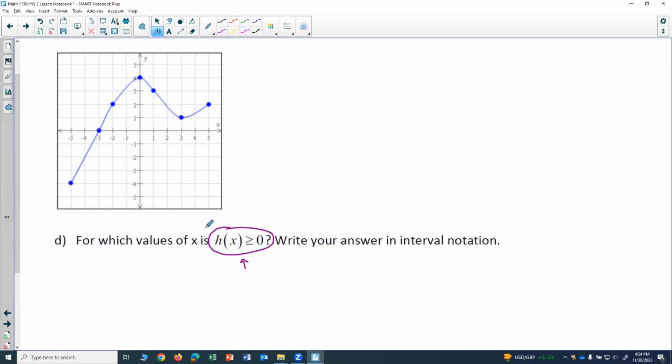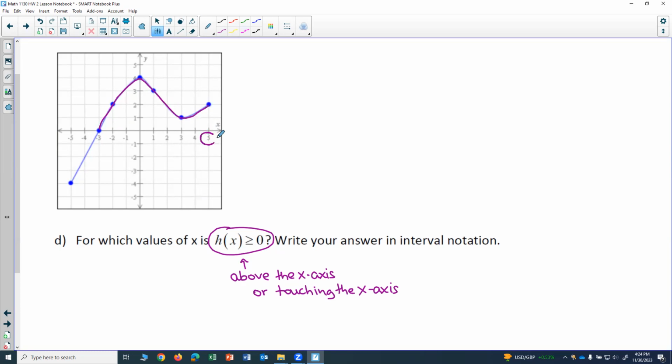This means that I want the graph to be above the x-axis or touching the x-axis. Because of that or equals to, because of that bar right there. So I look at where my graph is above the x-axis. And I want to look at the x values.